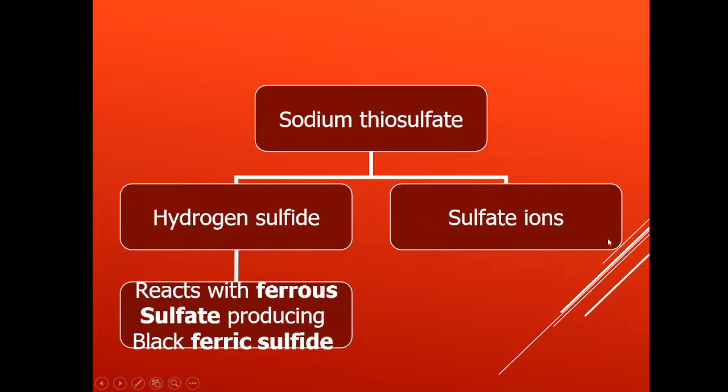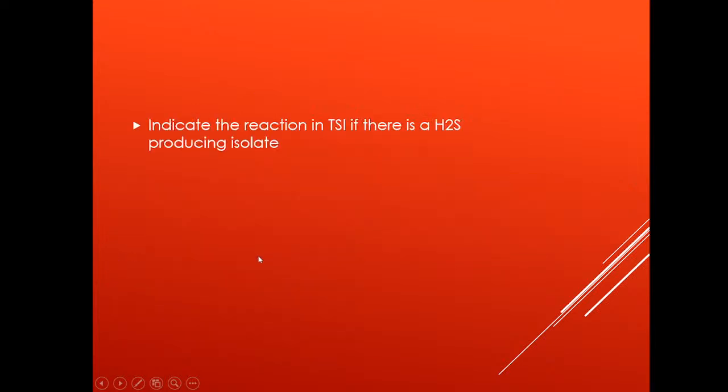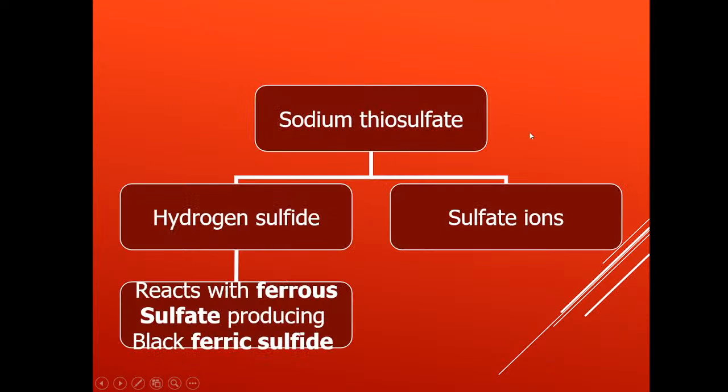Ironically, the sulfate ions remain outside, but it is actually the iron from the microorganisms that binds to the hydrogen sulfide molecules. All right, cool. Easy. So with sodium thiosulfate, you will have hydrogen sulfide and sulfate ions.